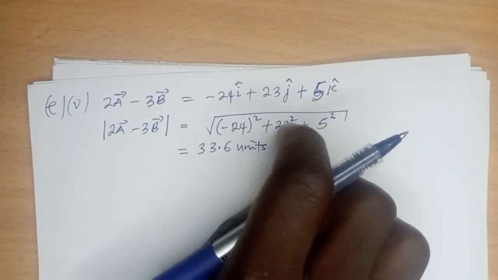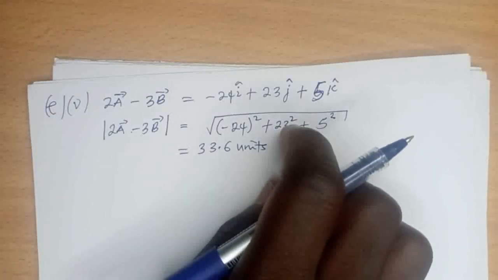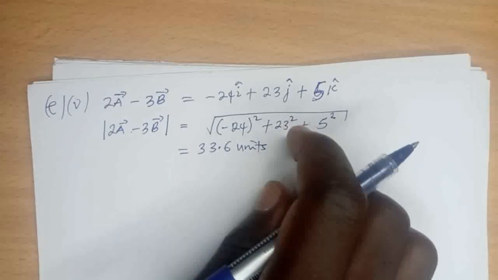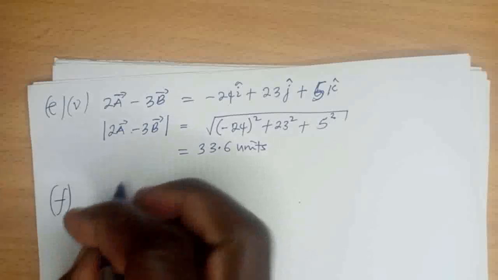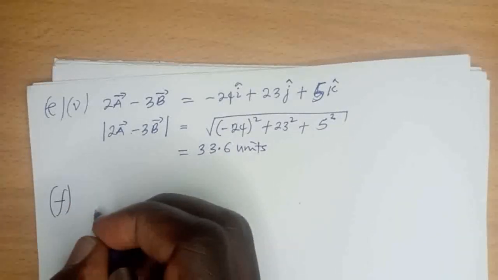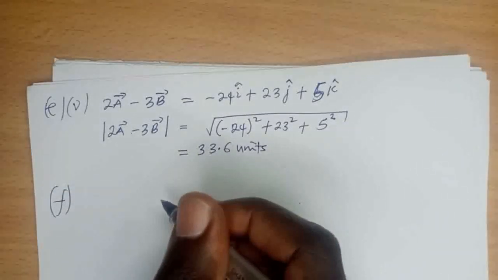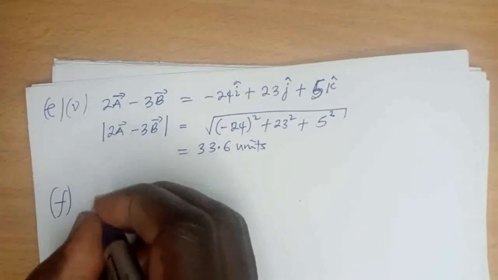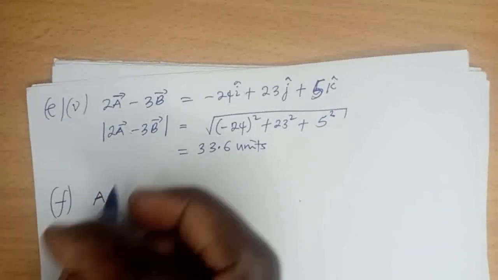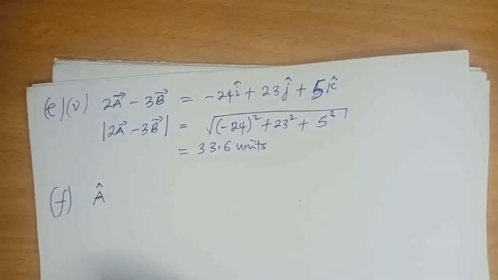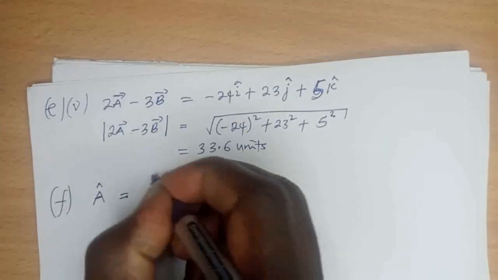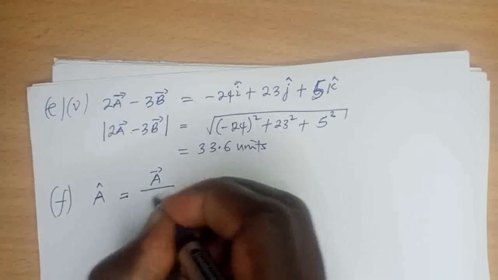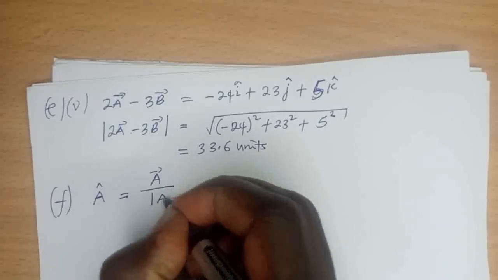Now finally they said we should get a unit vector in the direction of a. How do I obtain a unit vector in the direction of a? How is it written? Okay, unit vector is a cap, and this a cap is given as vector a divided by magnitude of a.